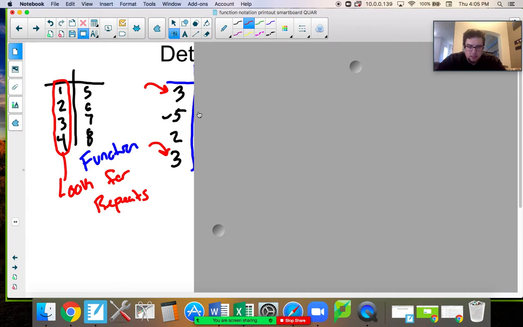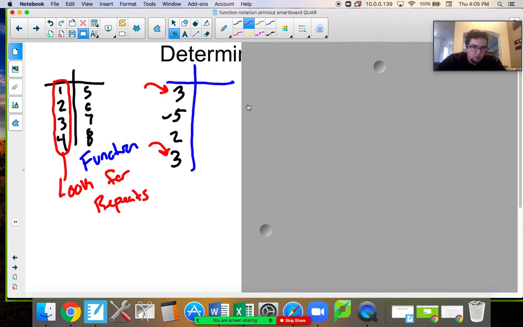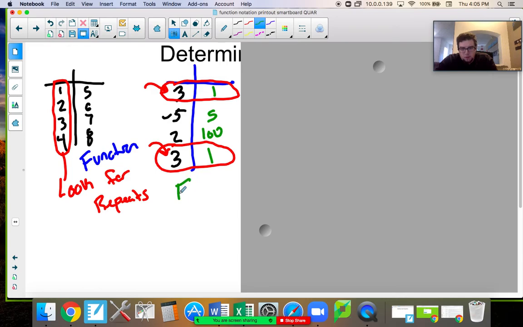So that's when we have to turn our attention to the other side, because we're going to see what these 3s are paired up with. I know I haven't written the numbers yet, but we're just setting the stage. This one's a 1, this is a 5, this is a 100, and this is a 1. Because these two pairs are exactly the same, we have ourselves a function.